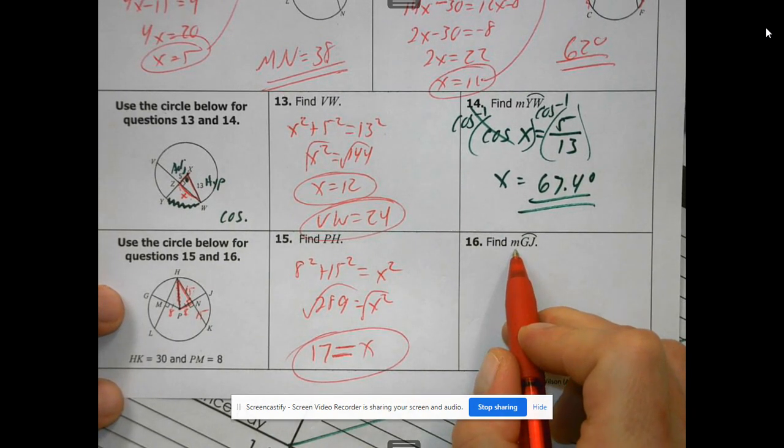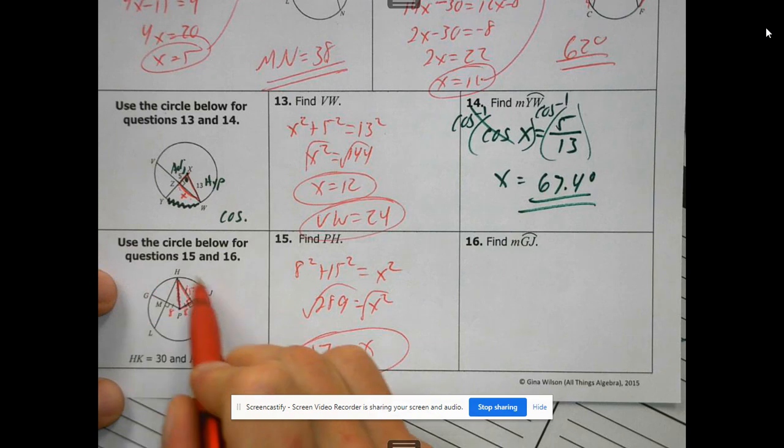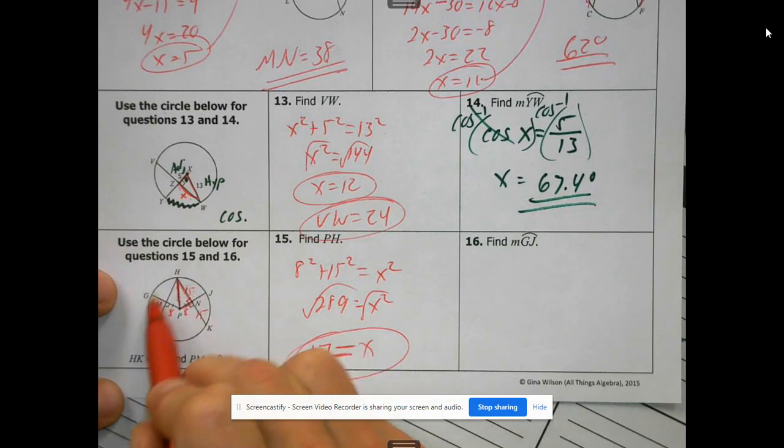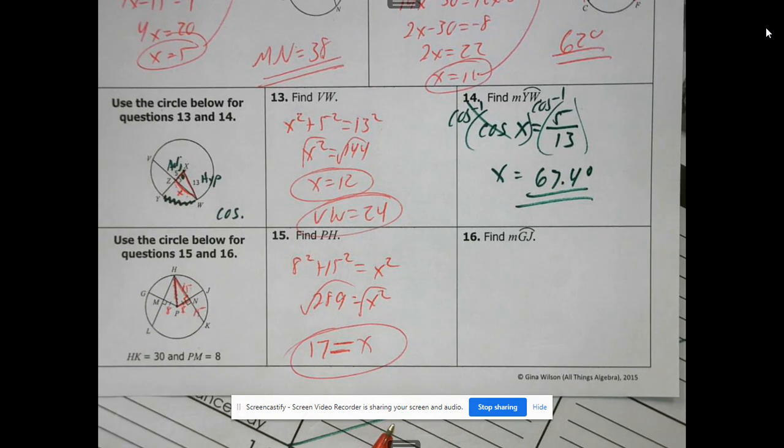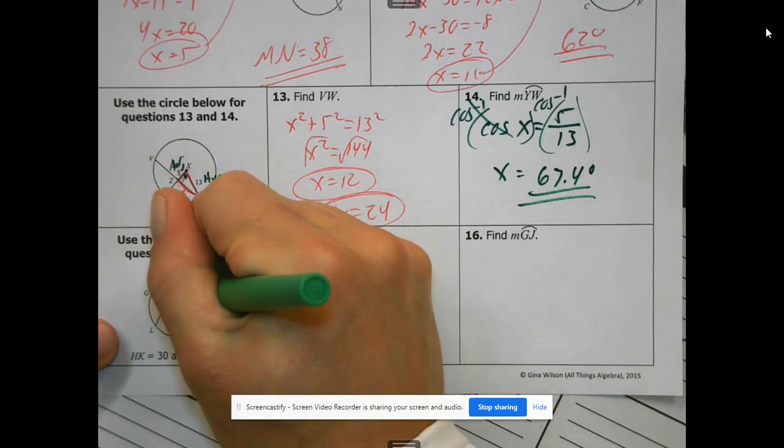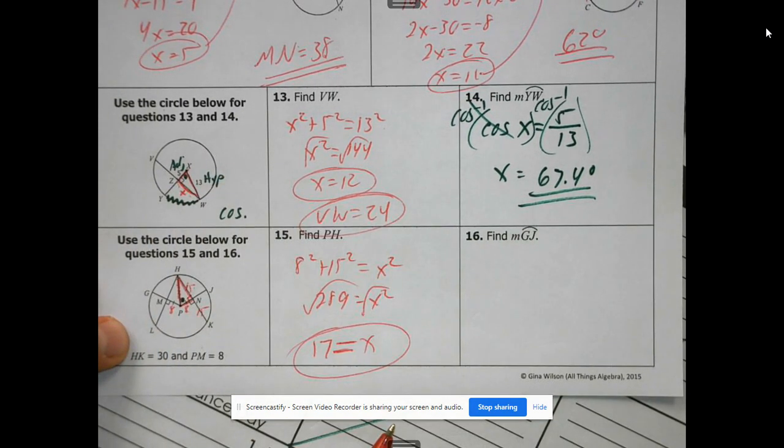Find measure of arc GJ. I got to find all of this right here. Okay, we got a little bit of work here. So first, I am going to find, just like on number 14, this angle right here. I'll show you why in a second, okay?